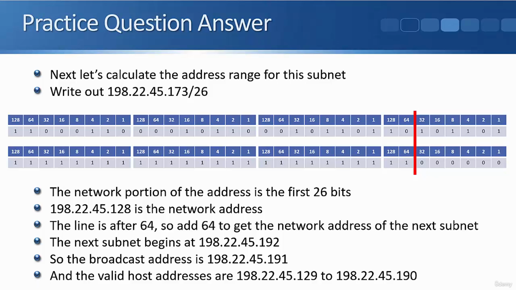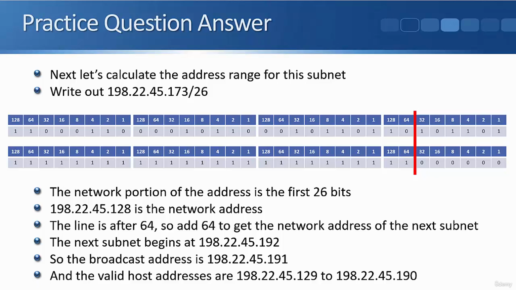So the long way is the logical way to do it at first. Again, we write out the IP address and the subnet mask in binary notation, and we put in the line where the subnet mask is. From that, we can figure out what the network address is. Like I just said, 198.22.45.128, I can see it here. Then we figure out what the broadcast address is.